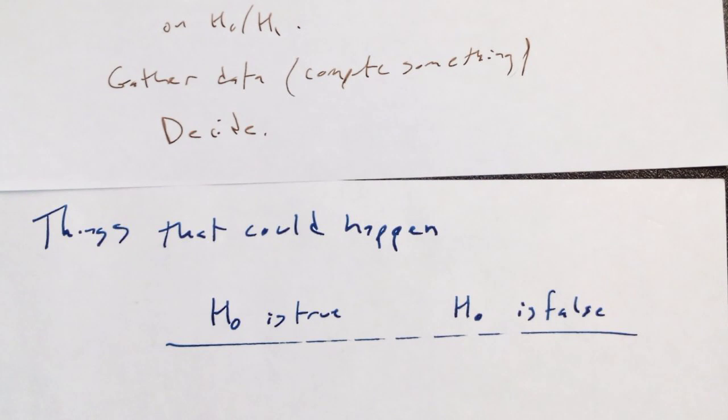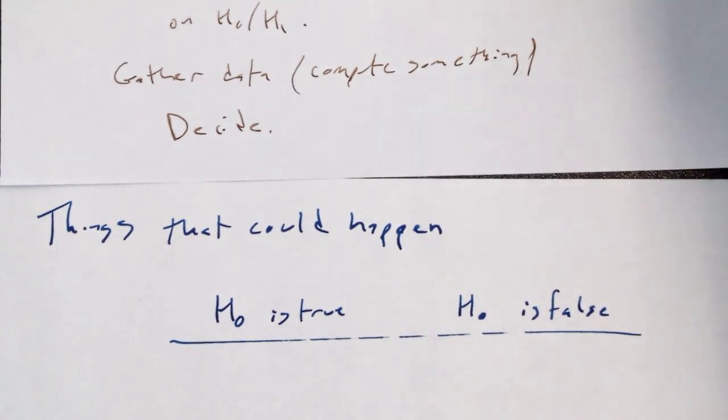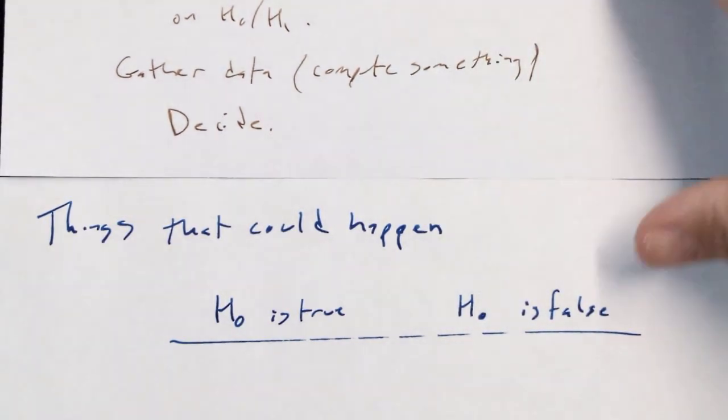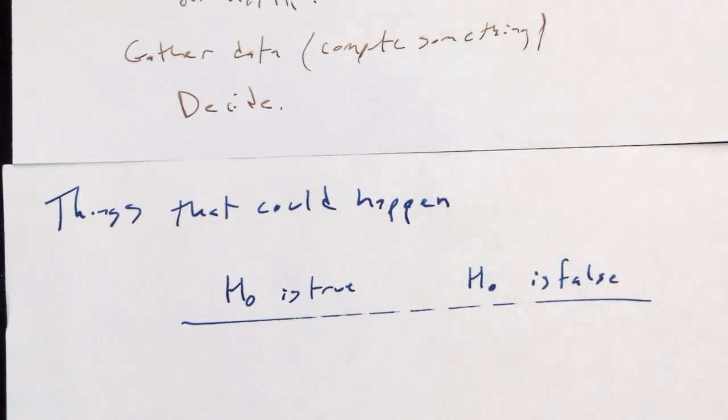Let's say I gather all my data, I gather my information, I compute some stuff, and I decide to reject my hypothesis. Or I decide, no, there isn't enough evidence against it, I'm going to keep it. So those are two other options.